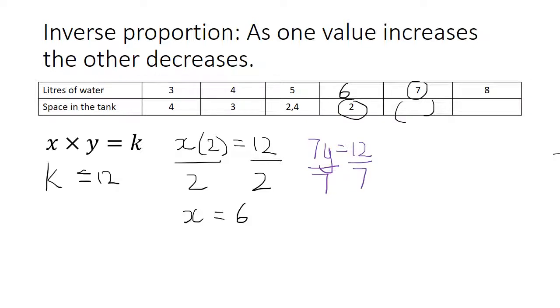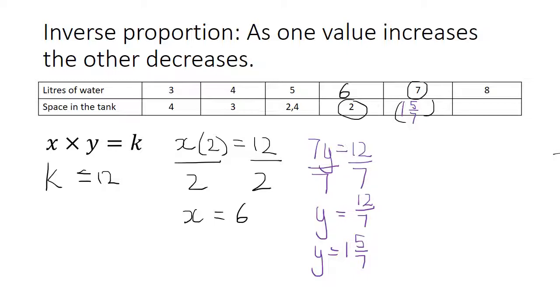And then we have y is equal to 12 over 7. Or we can simplify it even further by saying y is equal to 1 and 5 over 7. So let's write that in there. 1, 5 over 7. Nice.